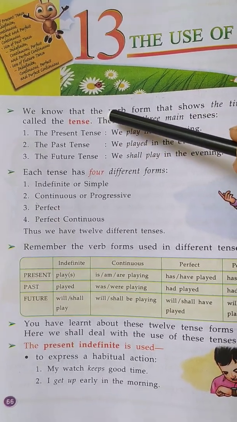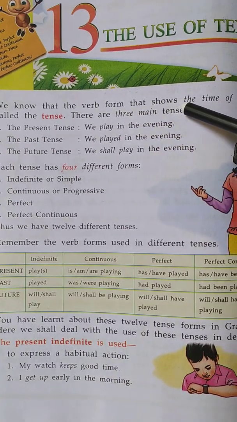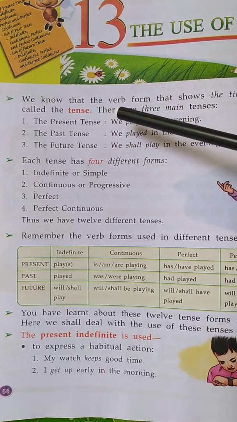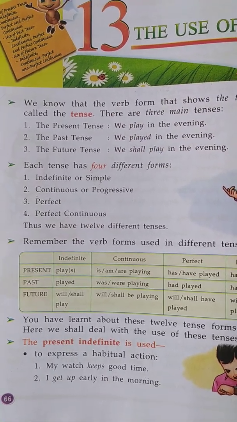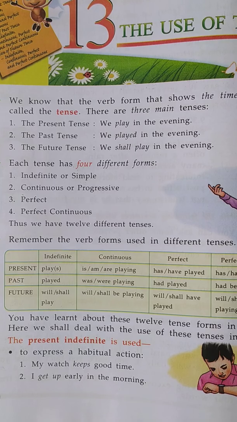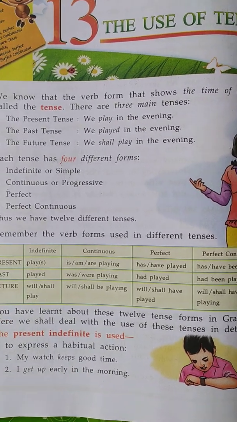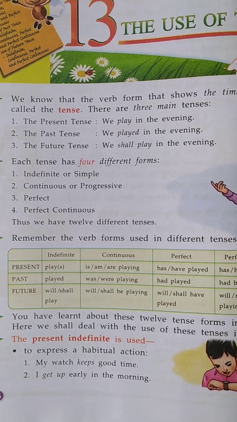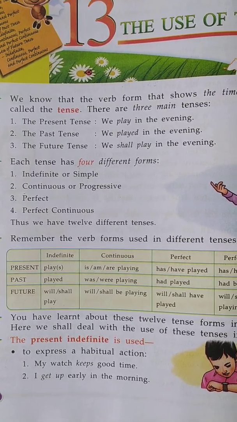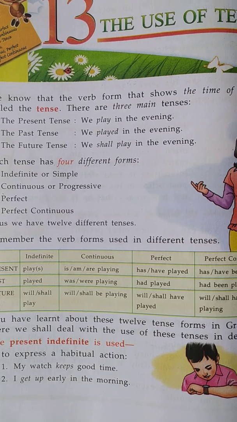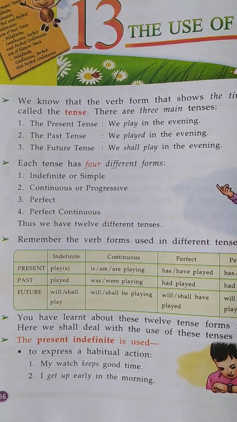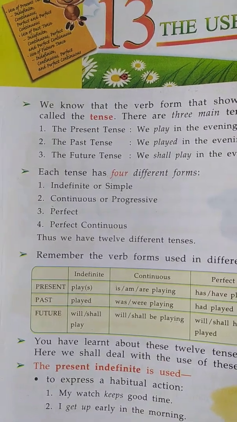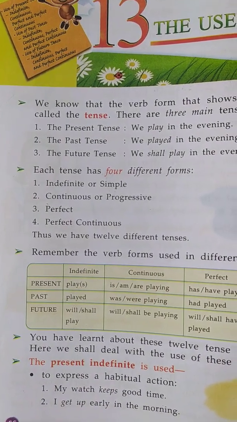We know that the form of the verb that shows the time of an action is called the tense. Okay? Again I am telling this. So, there are three main tenses.